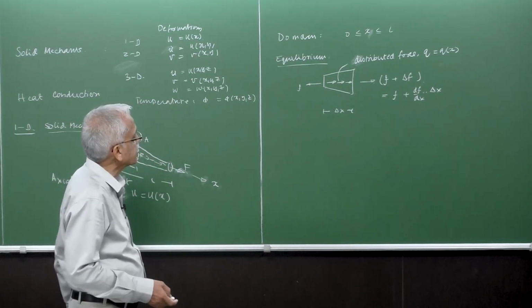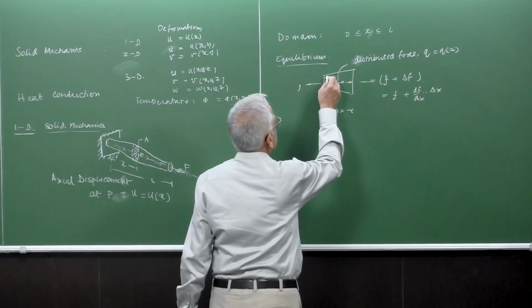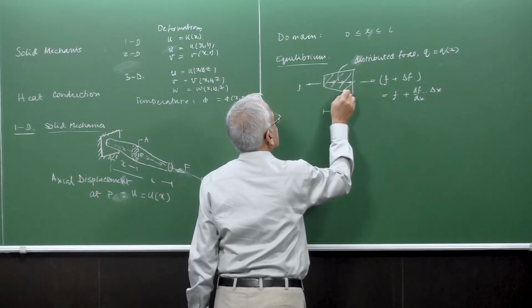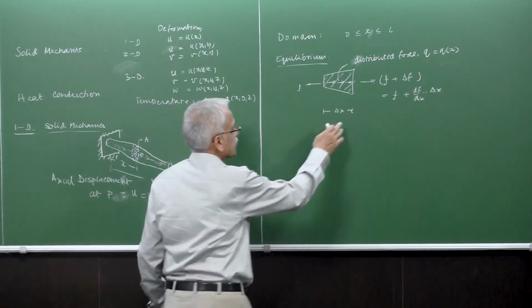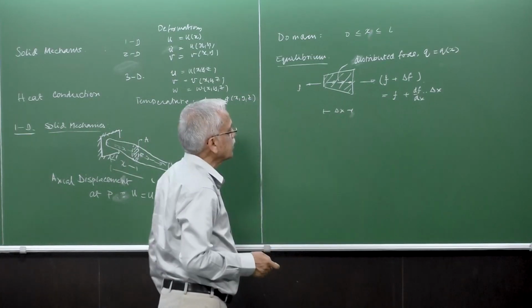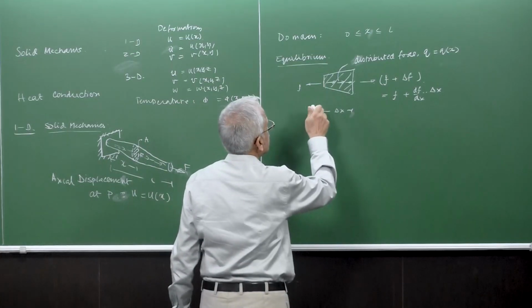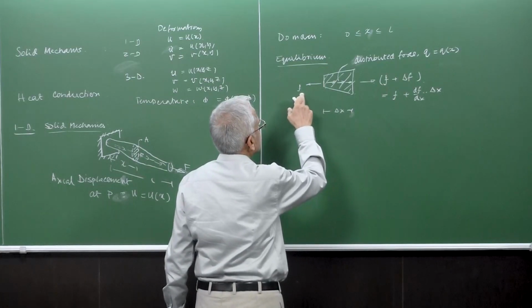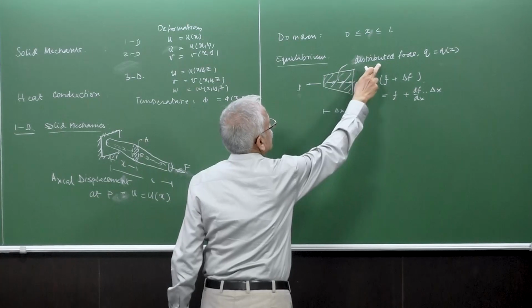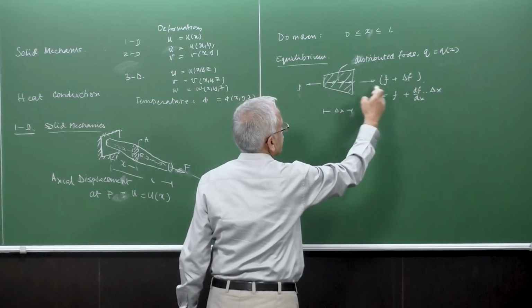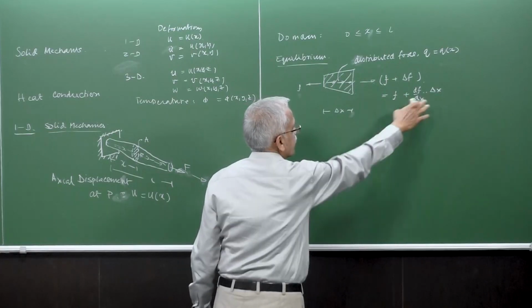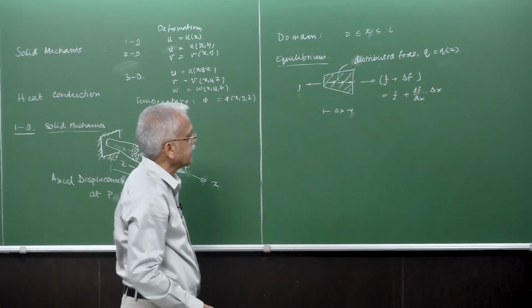So if this small element is under equilibrium, it is under the action of force F here, a distributed force Q, and on the right face we have F plus delta F, or F plus dF by dx into delta x.